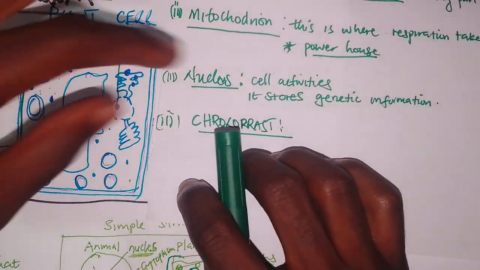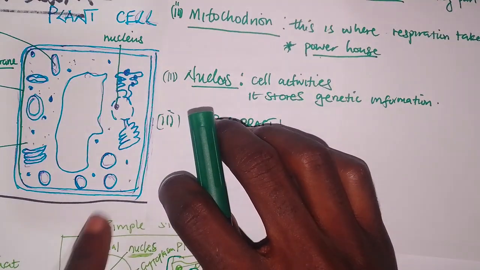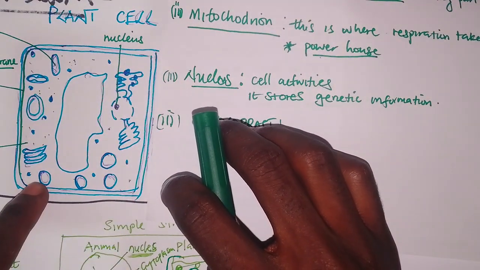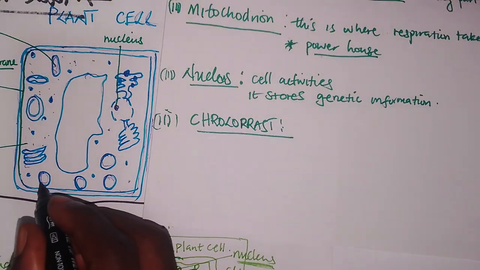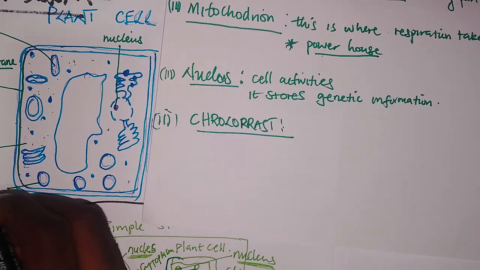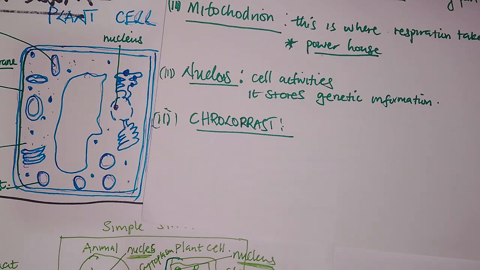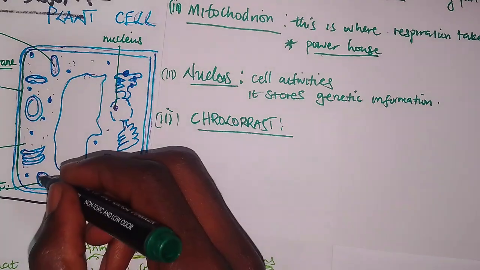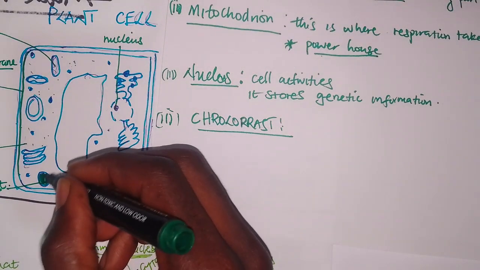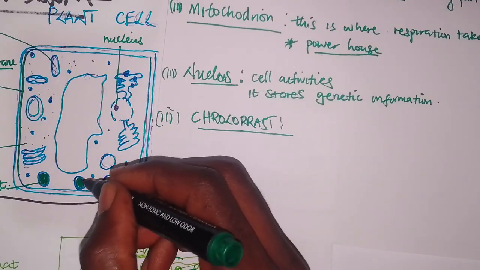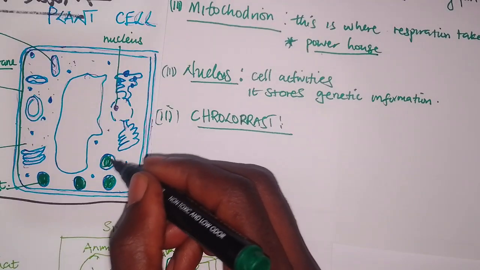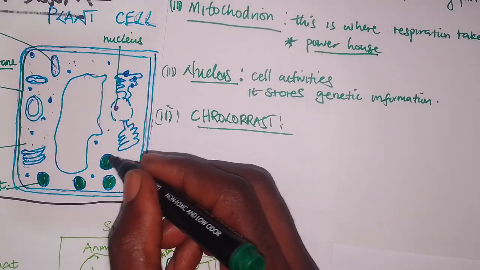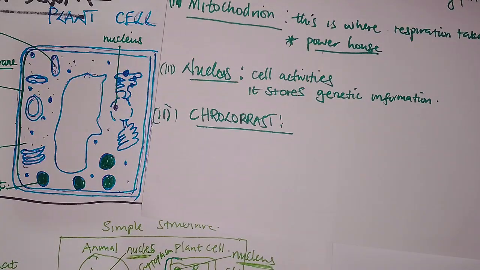If you look at this detailed structure, you can see that we have these big balls that are round. So these are known as chloroplasts. Yeah, this contains chlorophyll. So in some cases, we can paint them green to show that they contain chlorophyll. Yeah. So these are what are known as chloroplasts.